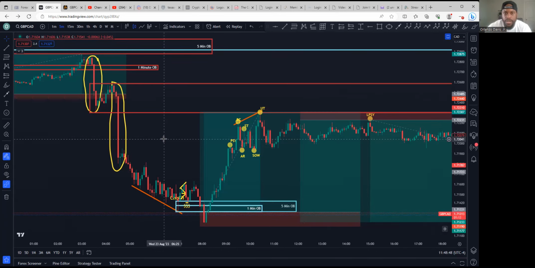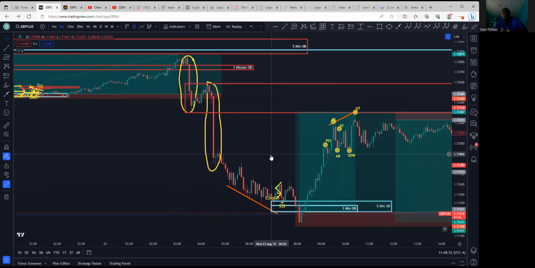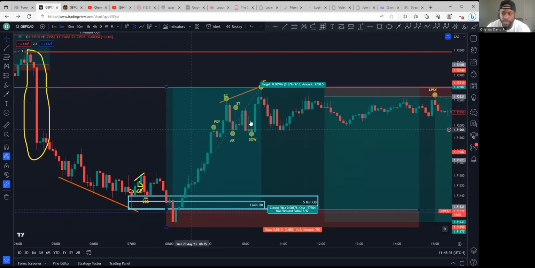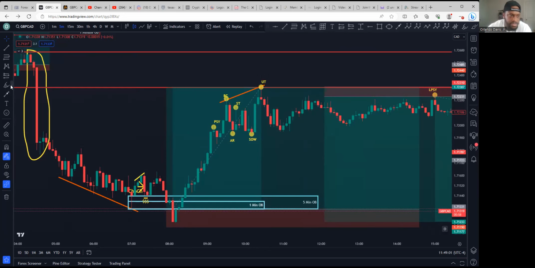So here's the deal. Also, how you knew that there was going to be a bullish reversal. What do you have right here as well?